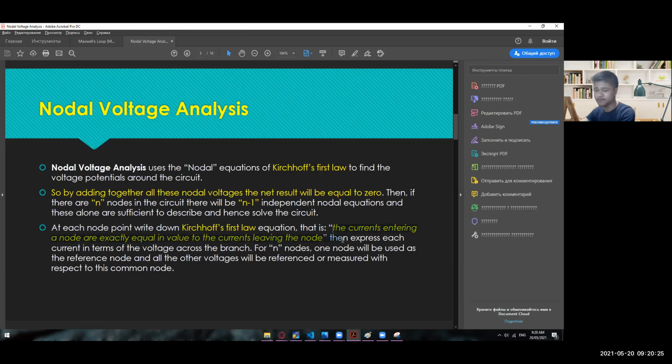That is, in the first law, the currents entering a node are exactly equal in value to the currents leaving the node. Positive for the entering and negative for the leaving. Then express each current in terms of the voltage across the branch. For n nodes, one node will be used as a reference node, and all the other voltages will be measured with respect to this common node.